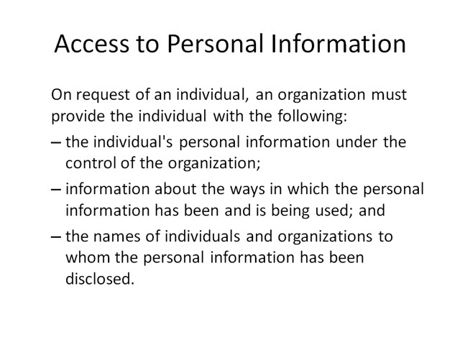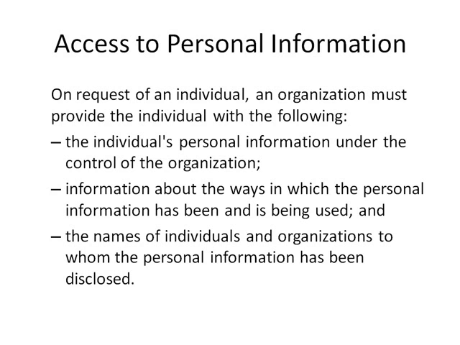Second, information about the ways in which the personal information has been and is being used, and third, the names of individuals and organizations to whom the personal information has been disclosed. So if somebody asks you, you have to be able to give them all of that information, which means really that you need to have a system in place so that you're able to provide it.